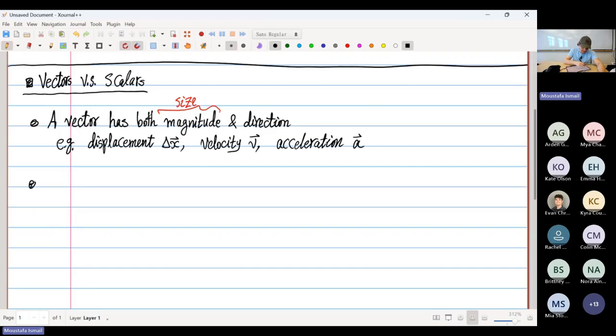On the other hand, we have scalars. So a scalar has magnitude, but no direction.